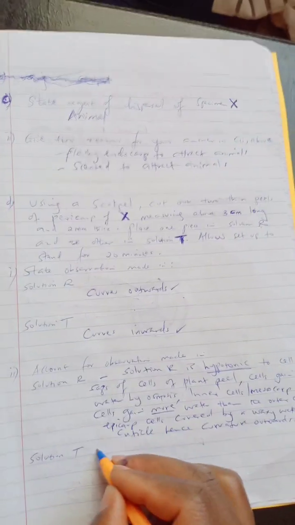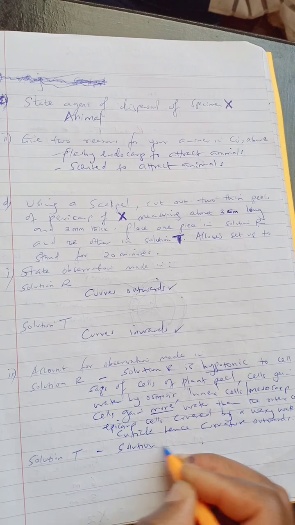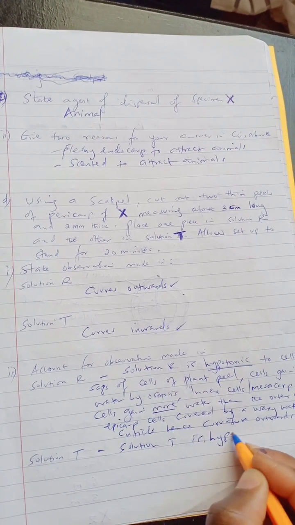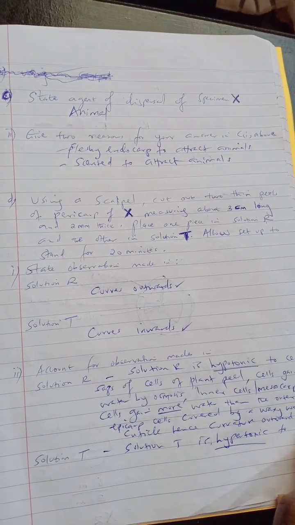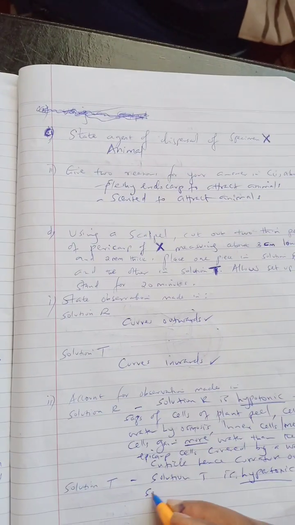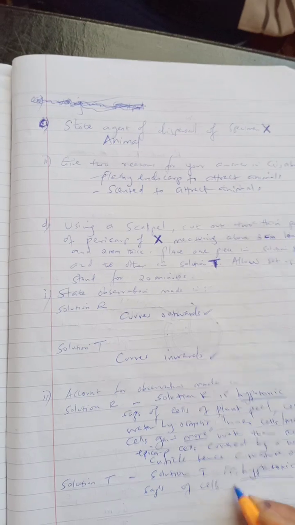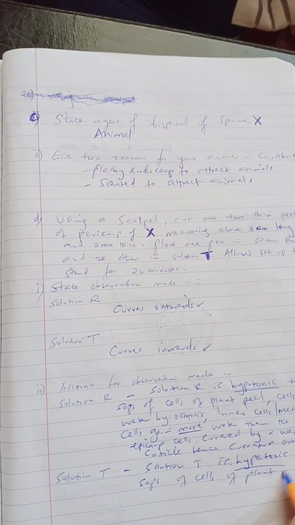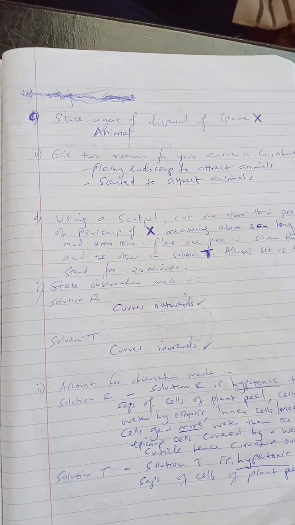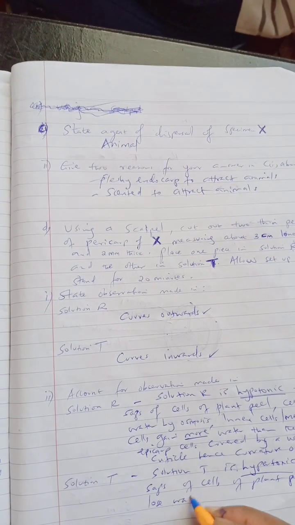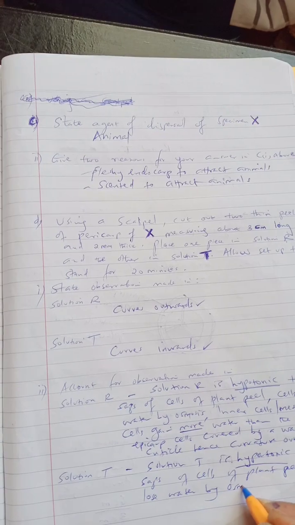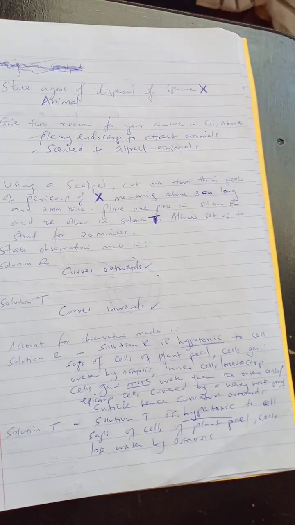And then solution T, you say what? Solution T is the glucose solution, in this case, is hypertonic to the cell surface of cells of the plant peel. And then cells lose water by osmosis.